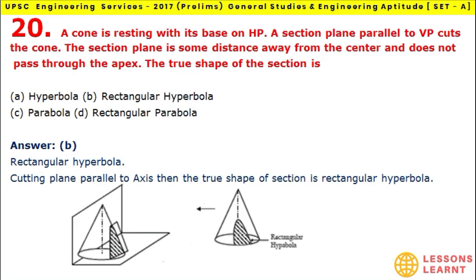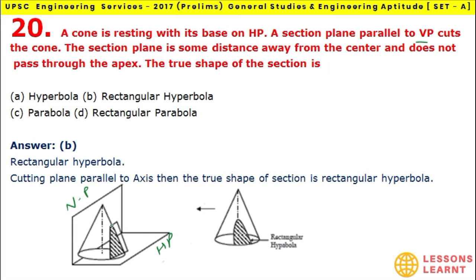Now we will see the question number 20. A cone is resting on its base on HP. Again I will tell you, this is the horizontal plane, this is the vertical plane. So cone is resting on its base on HP, horizontal plane. A section plane parallel to vertical plane VP cuts the cone.